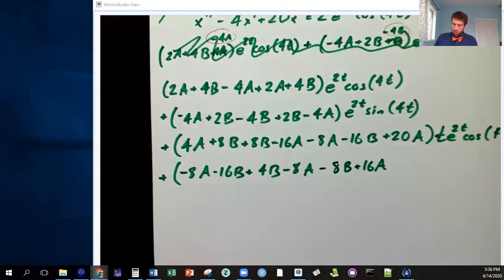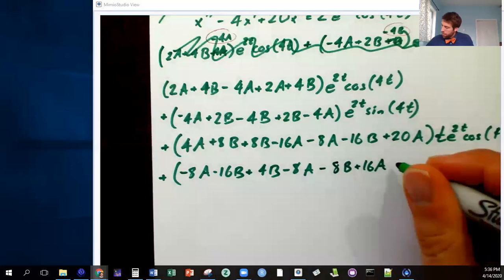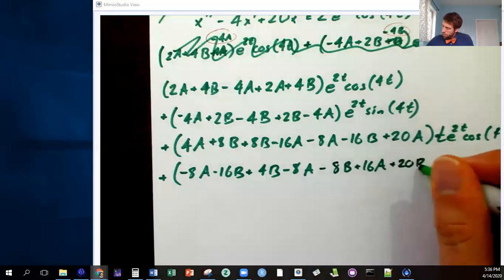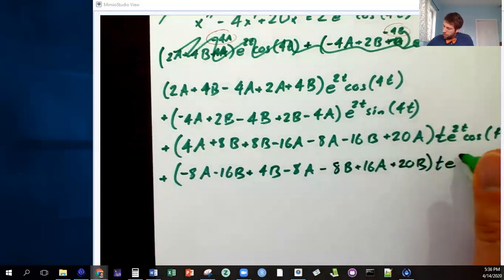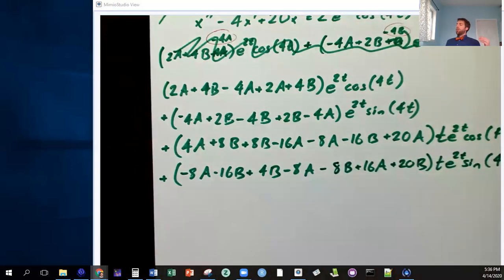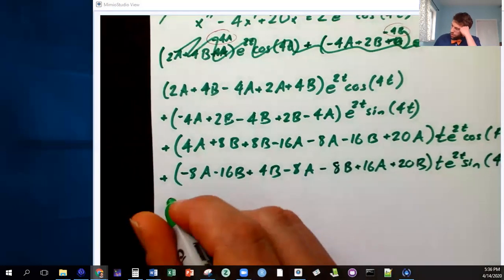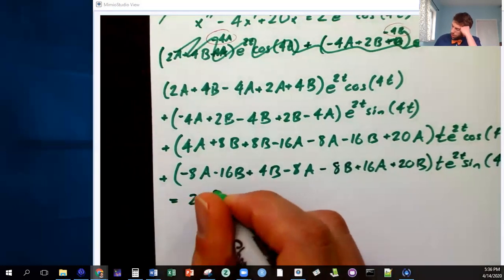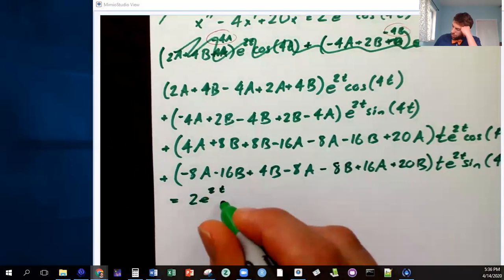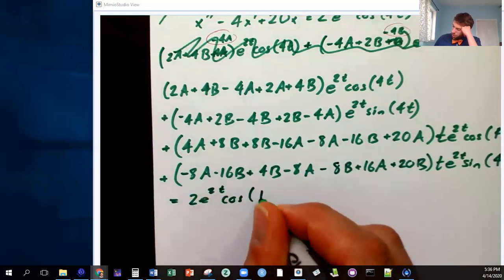And then plus 20b t e to the 2t sine of 4t. Holy cow. Equals 2 e to the 2t cosine 4t.